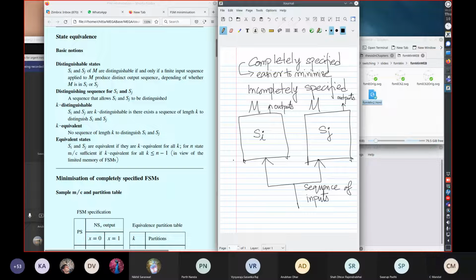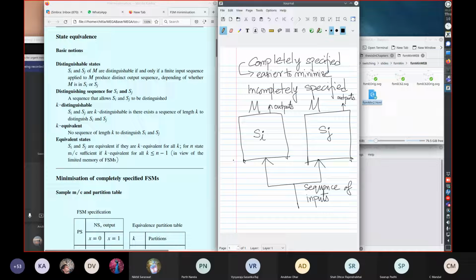But since these are finite state machines, you need not make k too large.